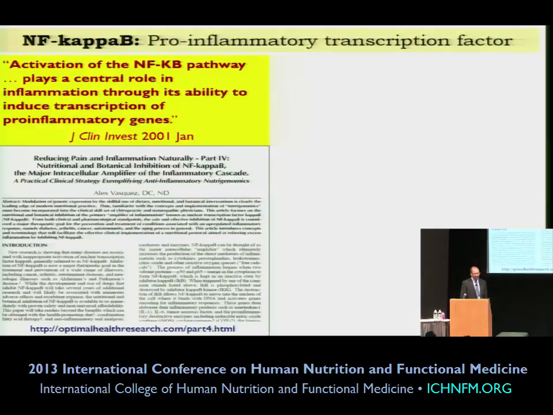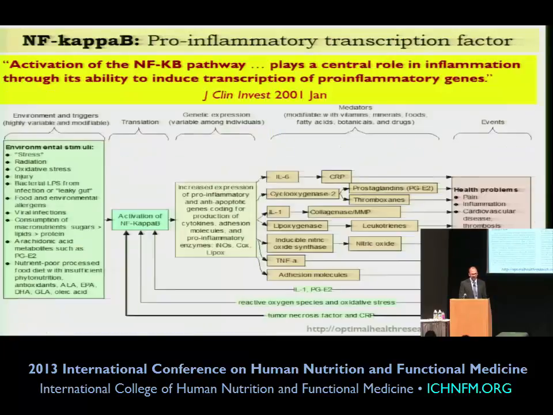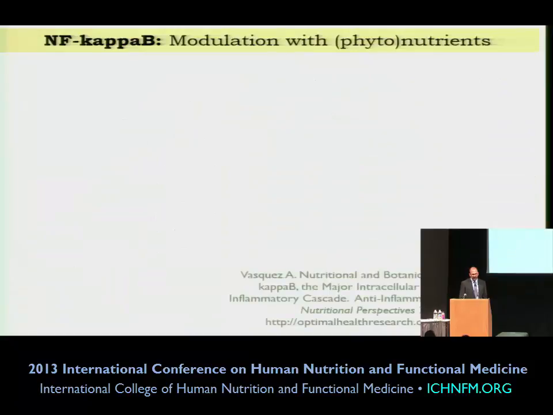Activation of NF-kappaB. This was new news many years ago, but now I think we all take it for granted that this is a major inflammatory pathway. And importantly for us, we can modulate that pathway with certain nutrients.